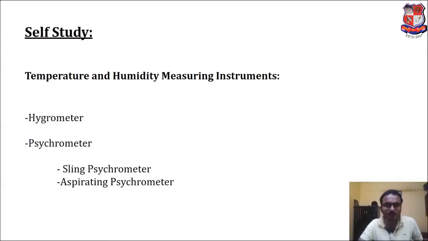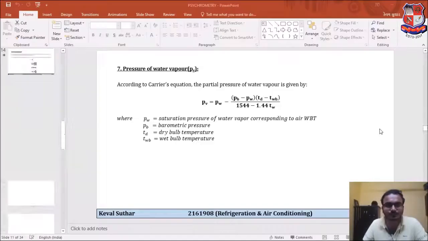I feel that you can do these topics by your own with your textbooks. Now we will begin our next topic, which is psychrometric chart. This is a very important chart for getting the values of various psychrometric properties. So we will try to learn this through a figure.